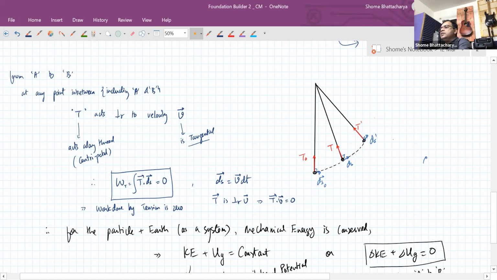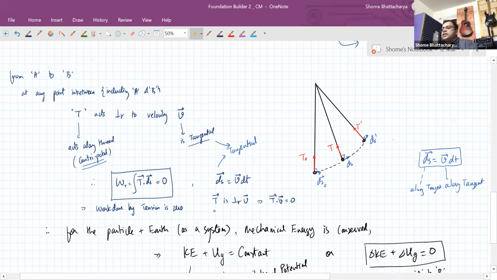Always the differential displacement is the instantaneous velocity into small time dt. So this is along the tangent. So the differential displacement is also along the tangent. Therefore it is perpendicular to the tension, because the tension acts along the centripetal direction and displacement therefore is acting along the tangential direction.